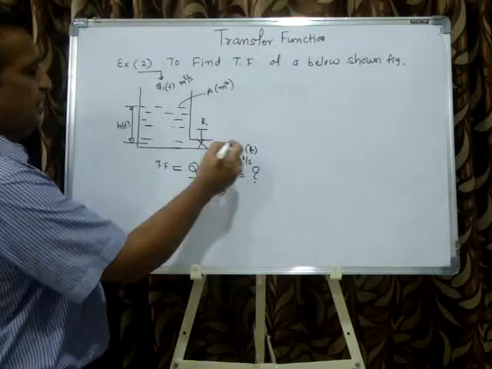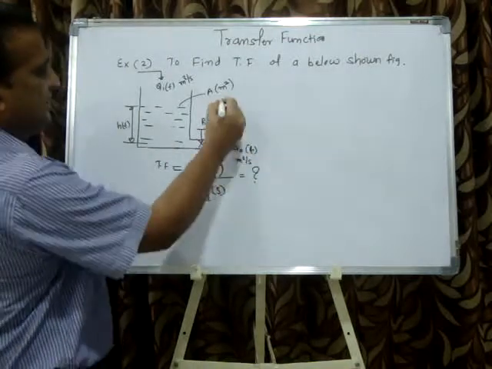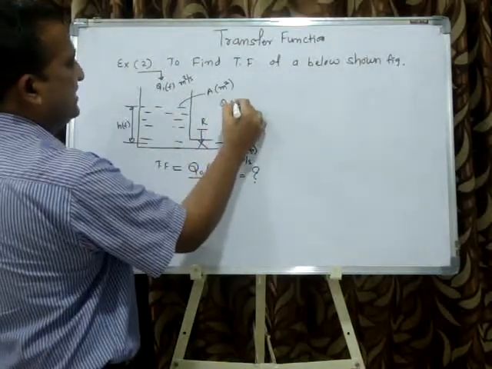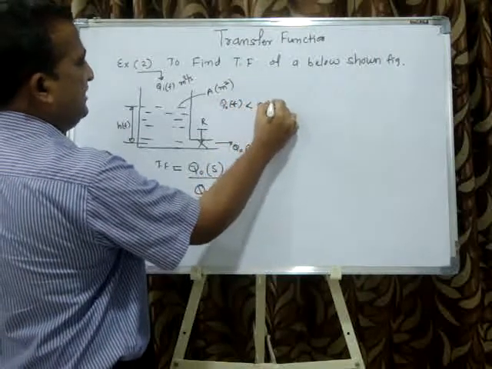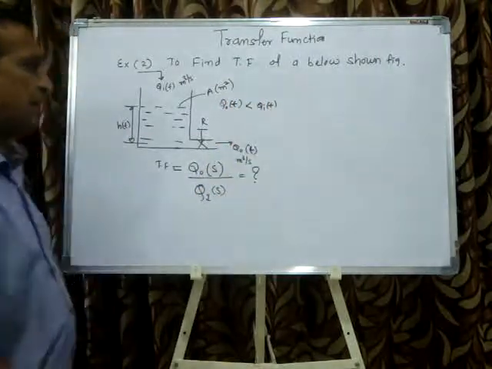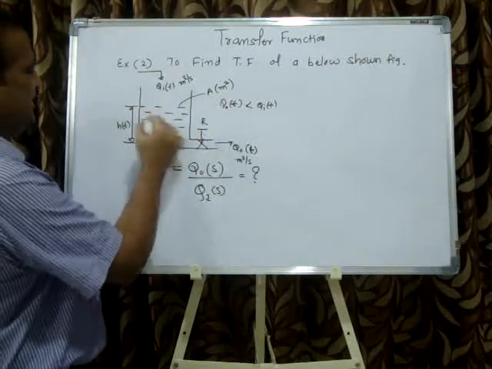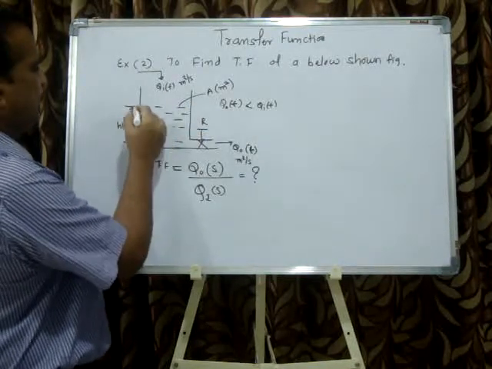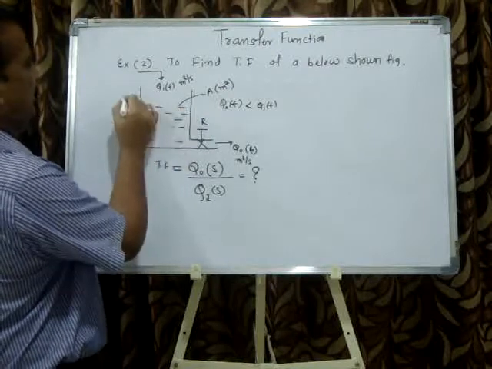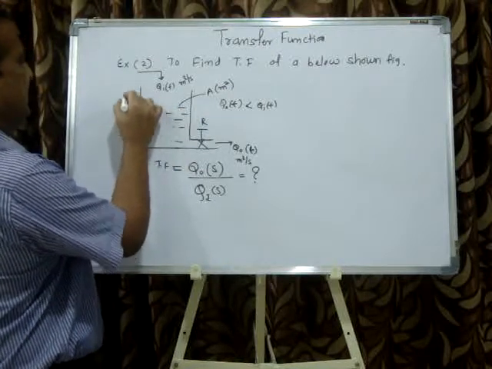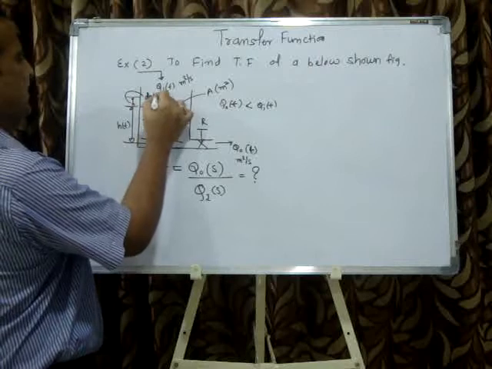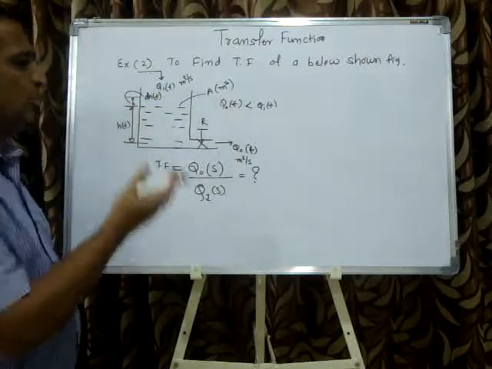For example, in this case, Q0 of T is lesser than Qi of T. This is an assumption, and a more practical way. Due to this, presently the instantaneous head is H of T, but after a certain period of time, definitely there is an increase in head, dH of T. Definitely the height will be increasing.